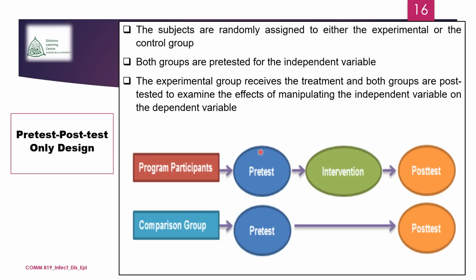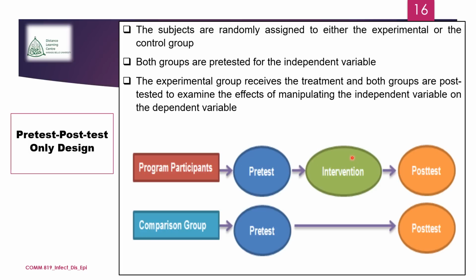It could be, for instance, you're trying to treat diabetes using a particular drug, and you have a group of individuals that have diabetes, and another comparison group still with diabetes. But you decided to take their blood glucose level at the onset.